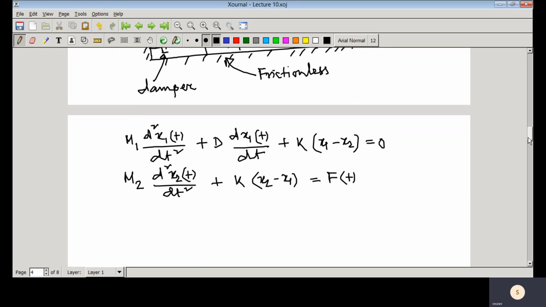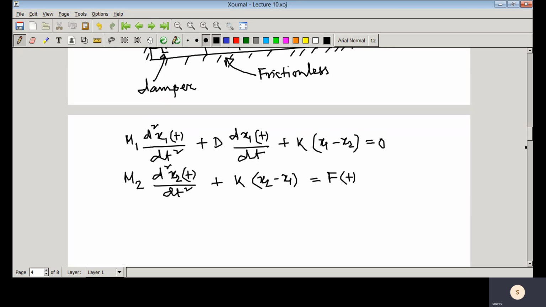So you just look at here, as you have two differential equations, we need to understand how many state variables we need to describe this particular system.